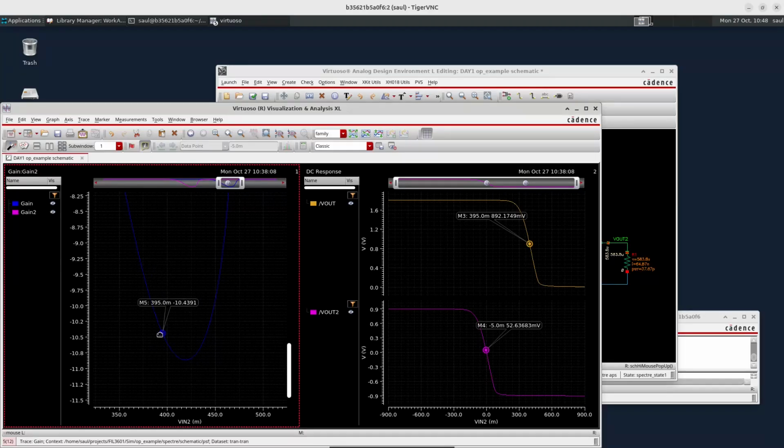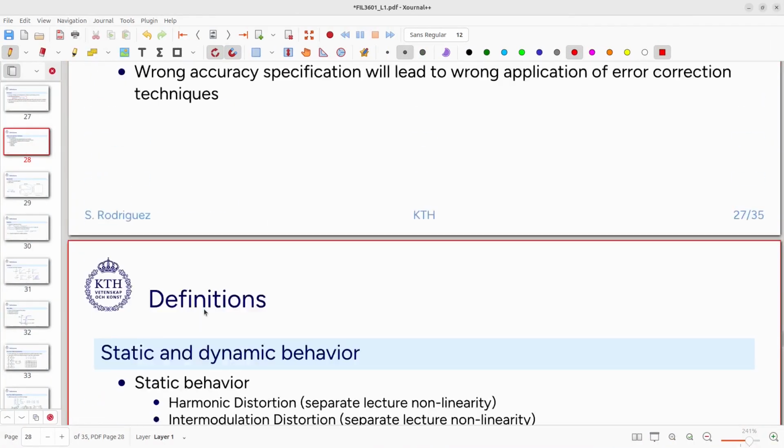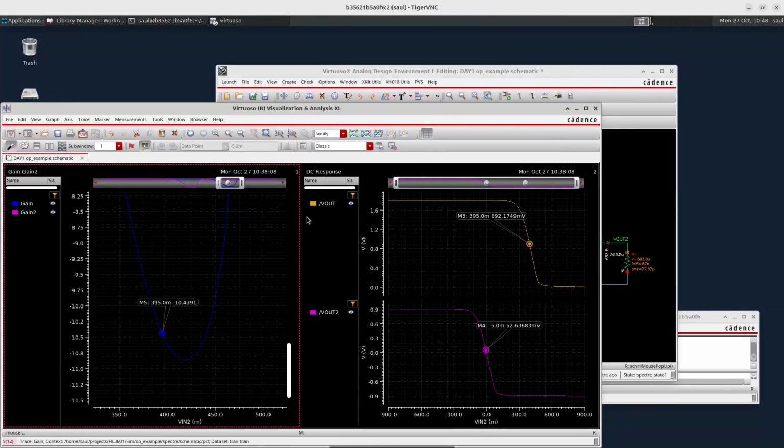It produces some error, as we can see. The error can be calculated using the equations that we have here. We can calculate the error from the nominal value, and we define the nominal value exactly as the one at the operating point.